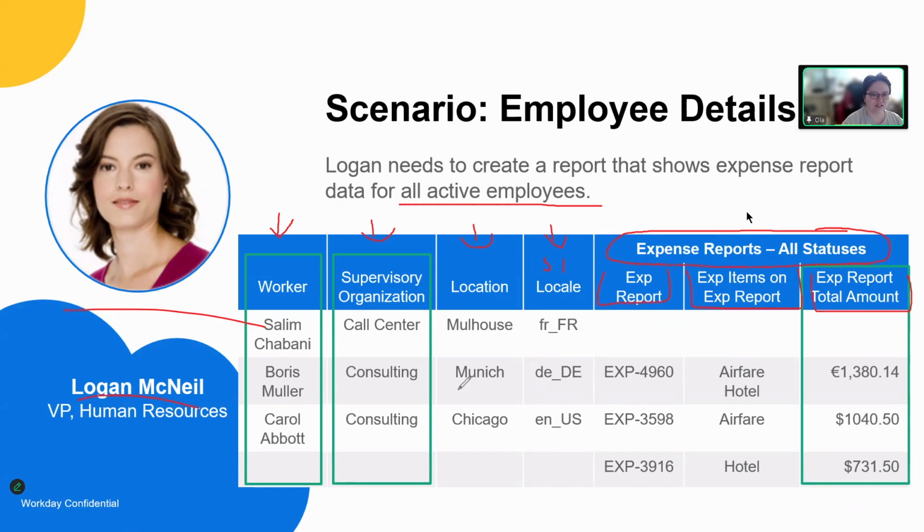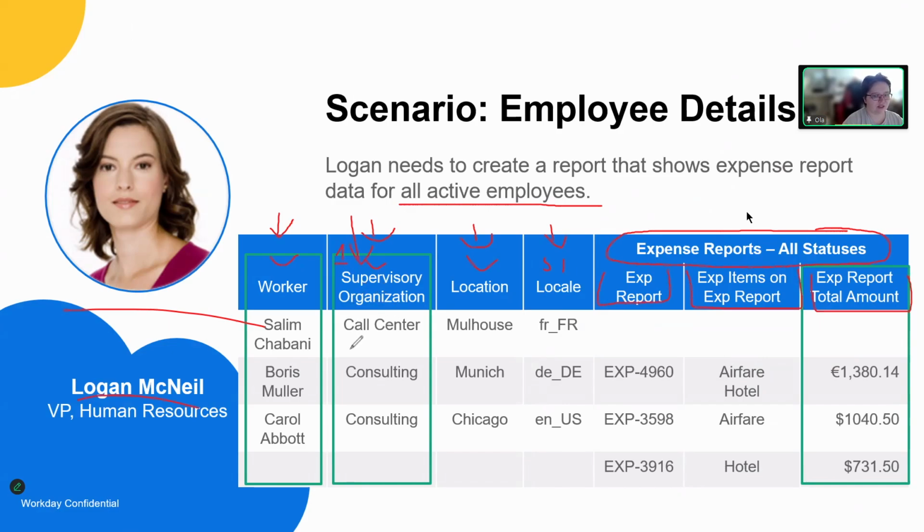Now there's a few things that needs to happen to this report. And first things first, on the primary business object, so the fields, the worker field, the supervisor organization, the location, we want to sort them. First of all, we're going to sort them by the supervisor organization. That's going to be our first level of sorting.